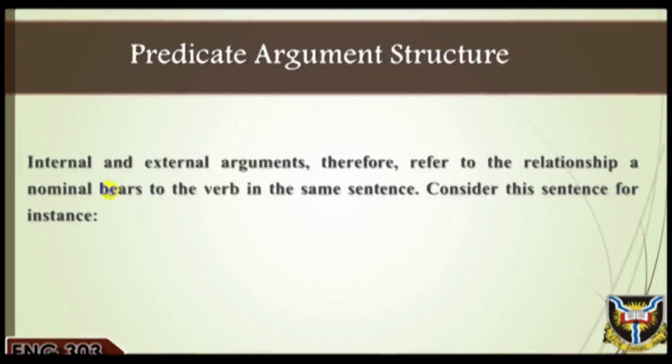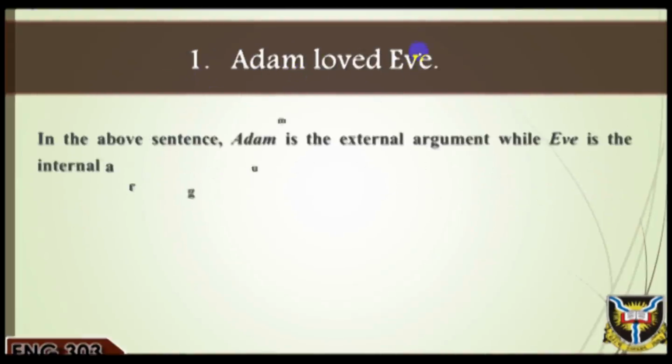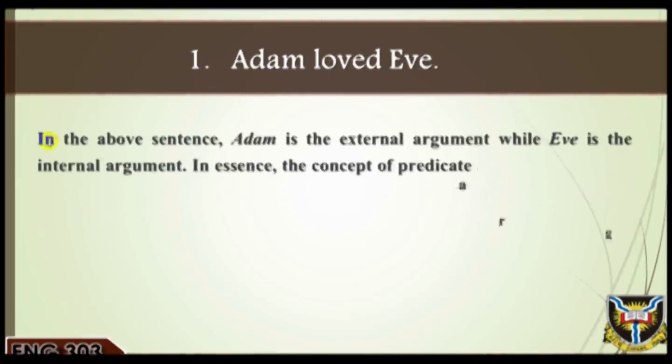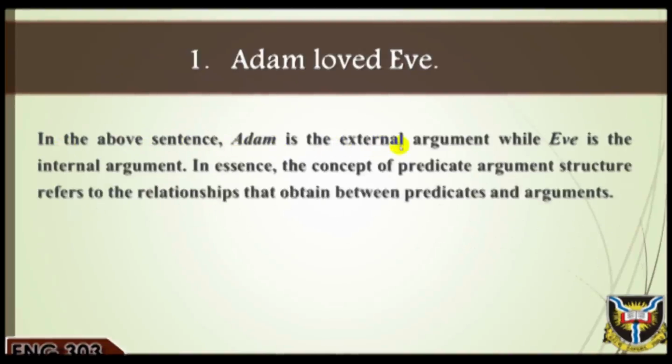Consider this sentence, for instance. 1. Adam loved Eve. In the above sentence, Adam is the external argument while Eve is the internal argument. In essence, the concept of predicate argument structure refers to relationships that obtain between predicates and arguments.